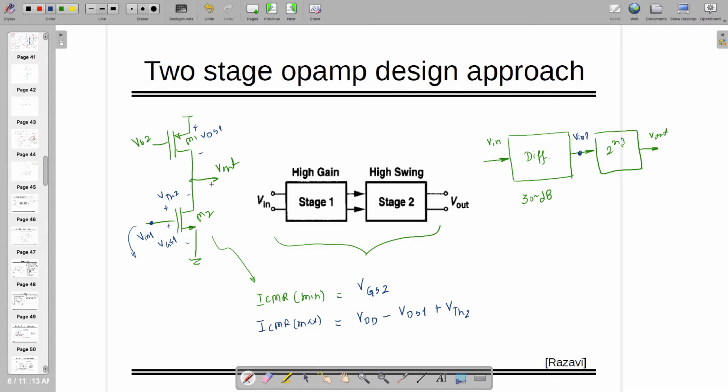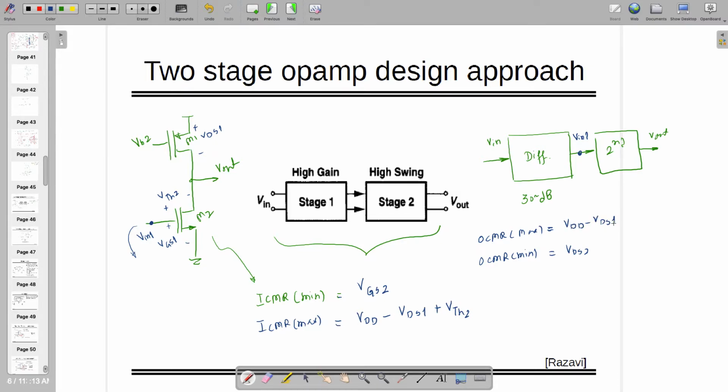However, if you are looking at the output, OCMR max and OCMR min are actually deciding the swing, how much swing you can have. So what about the OCMR min? Yeah, Shivam, VDS2. What about max?